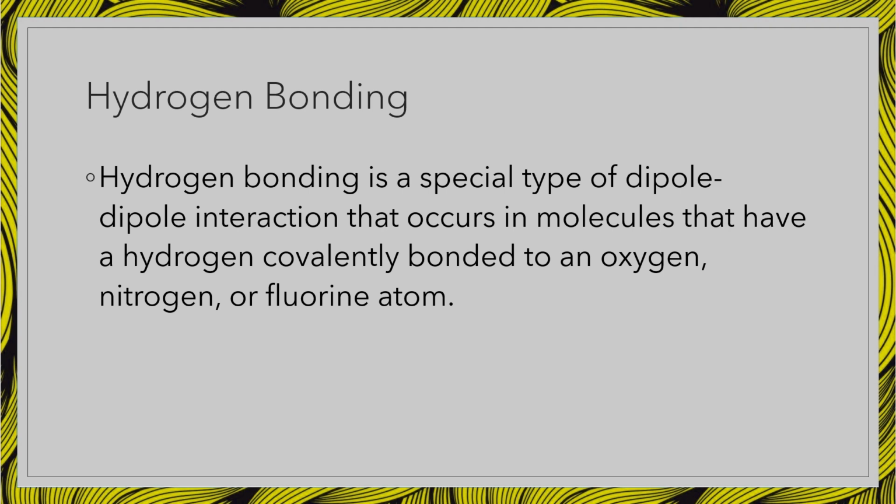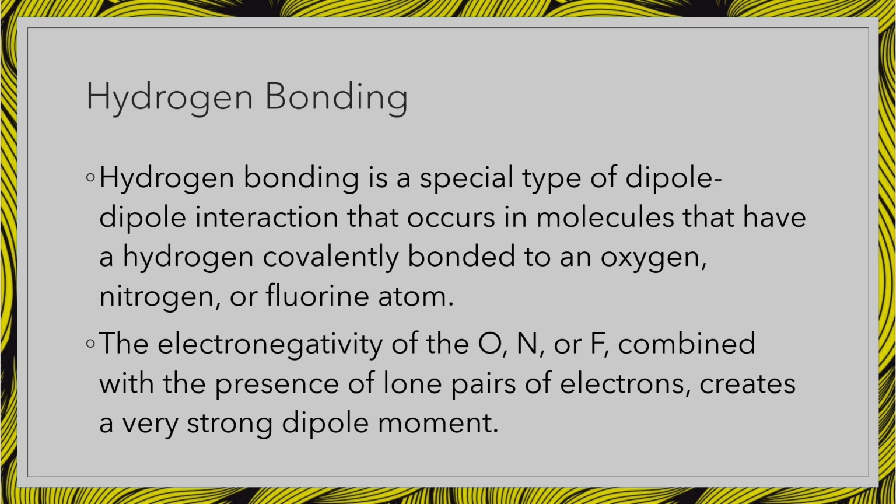Those specific circumstances are when a hydrogen is covalently bonded to an oxygen, a nitrogen, or a fluorine atom. Now, when we get that charge separation, that partial positive, that partial negative, it happens to a huge extent. So we get lots of positive around the electron-poor region, lots of negative around the electron-rich region. It's still not quite a formal charge, but it's very high.